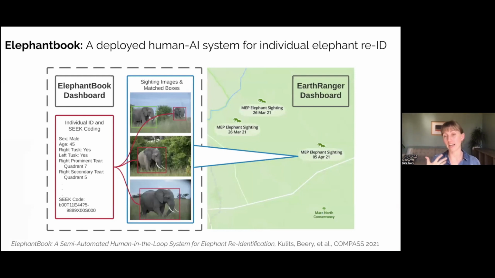Starting out a couple of years ago, this undergrad I was working with worked with Allen AI Institute to integrate within EarthRanger the ability to take elephant sightings from EarthRanger and port them directly into our system, and build a user interface that enabled local rangers to code these elephant sightings.